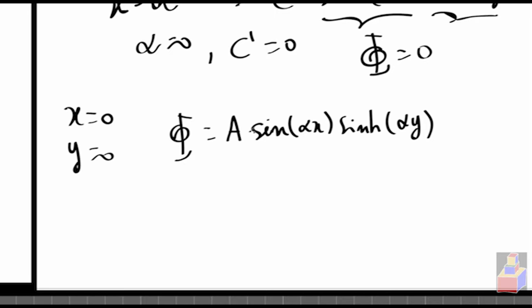So you notice that this function is 0 for x equals 0, and is also 0 for y equals 0.